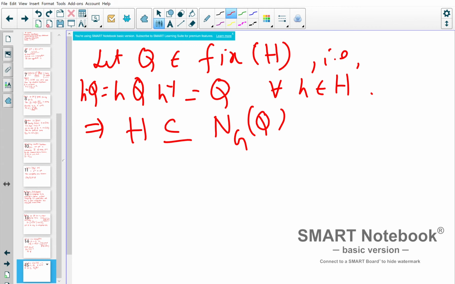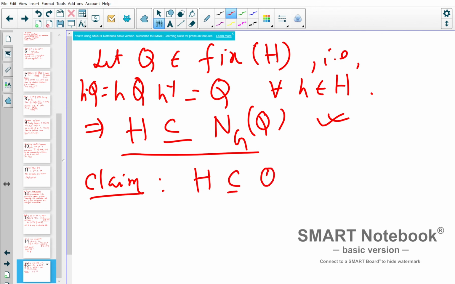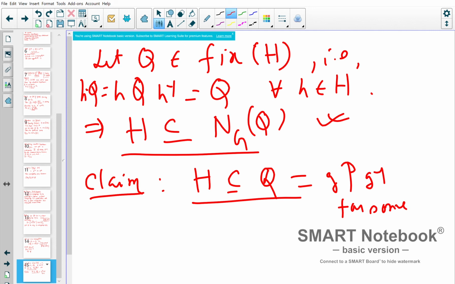So far this is okay. Now my claim is that H is also sitting inside Q. If I prove that, I am done, because Q is some conjugate, Q is nothing but g P g inverse for some g belonging to G. And if H is sitting inside Q, then H is sitting inside some P Sylow subgroup.